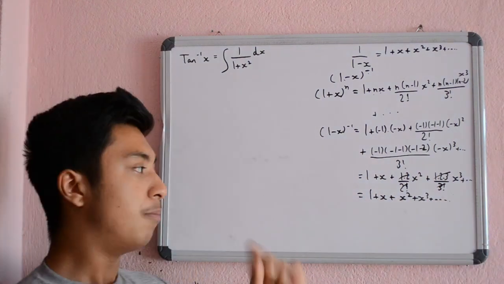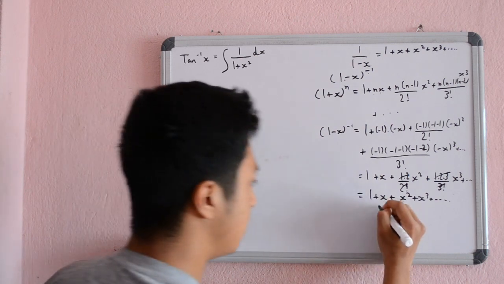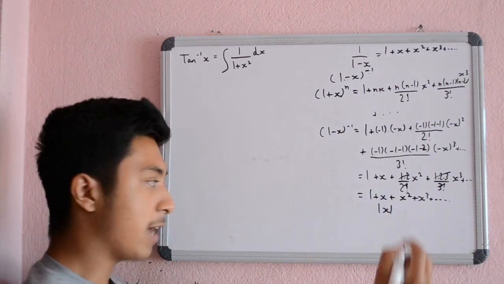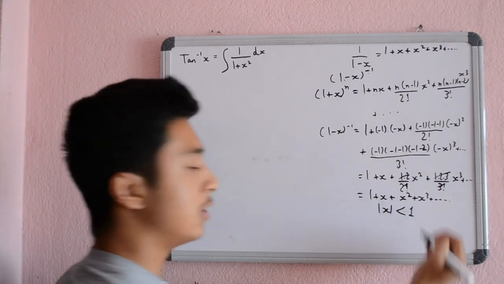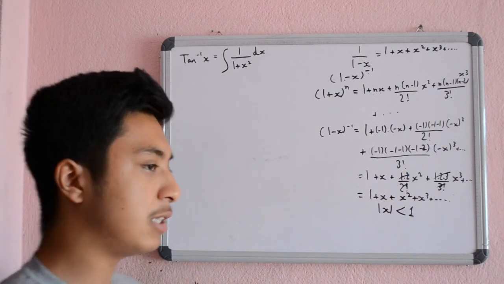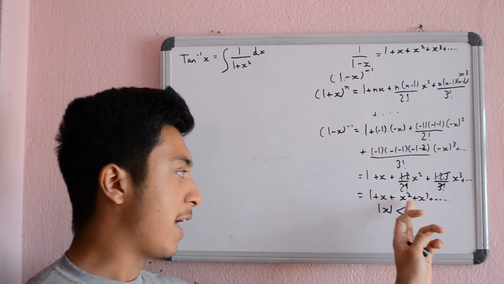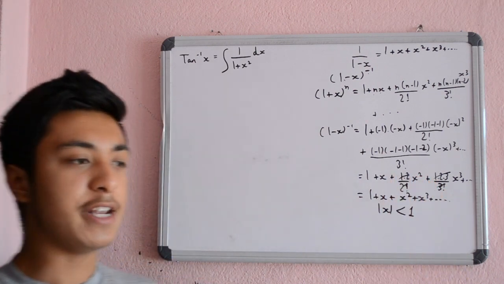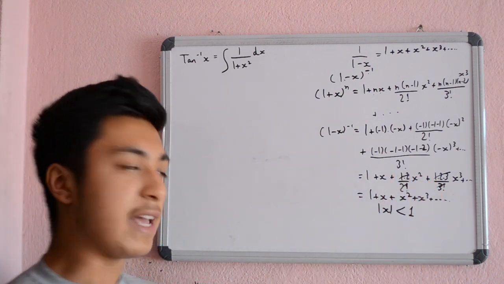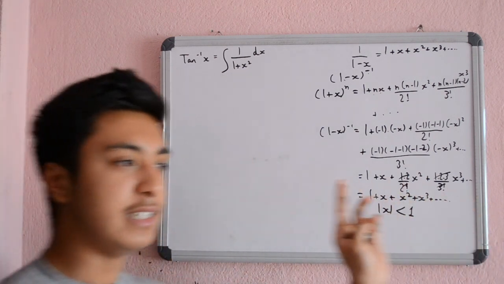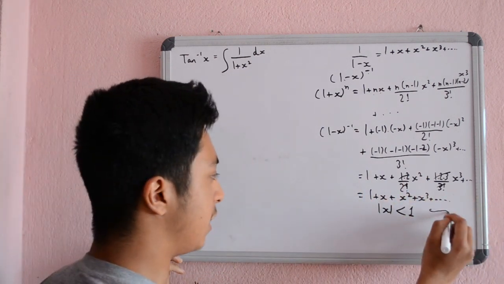But one thing you have to remember is that the absolute value of x should be less than 1. Because let's say you have the number 2, and you'll have x squared, x cubed and so on. If you get to a larger power like 5000, then you'll eventually reach infinity.